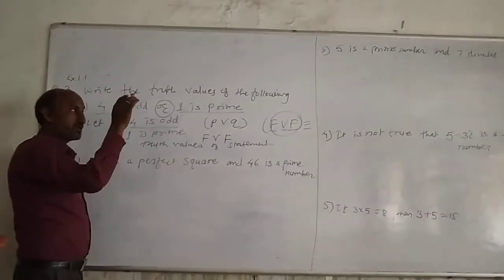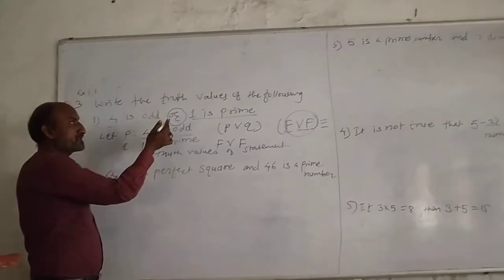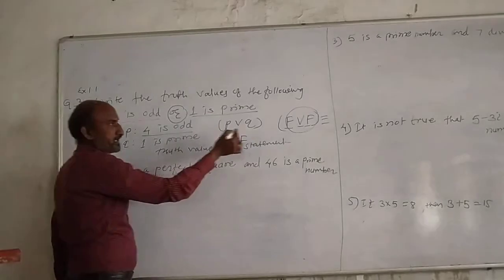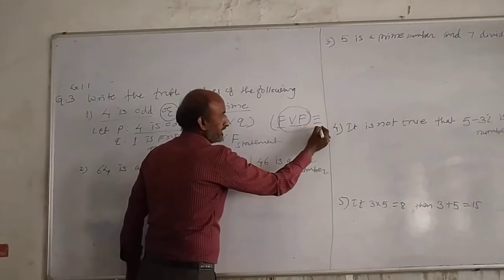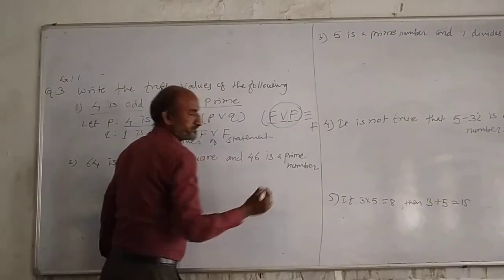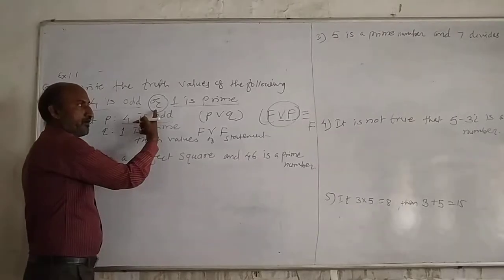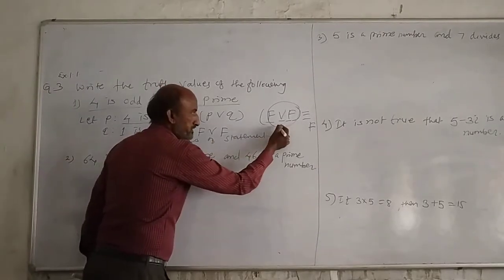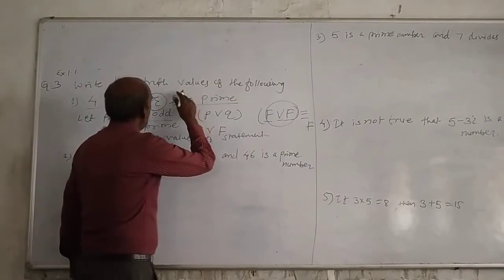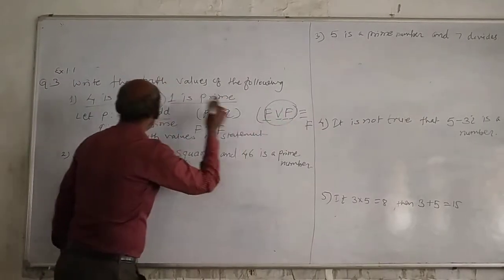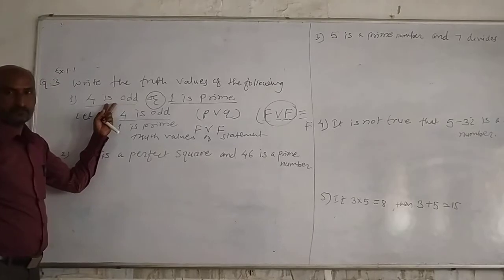Remember that when both statements are false, then it is false. This is the rule for the connective "or". This is the final answer, the truth value of the given question.